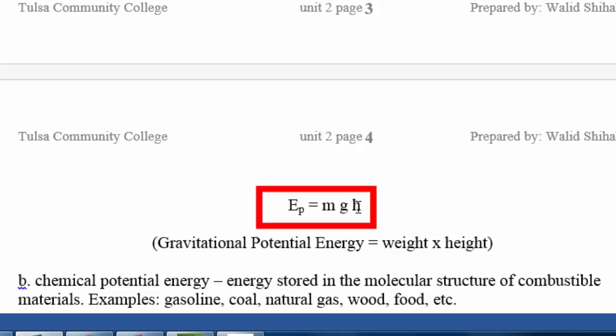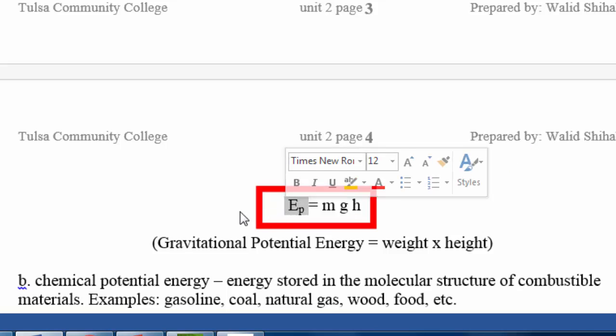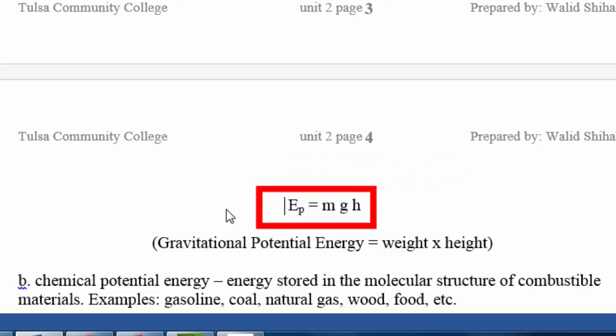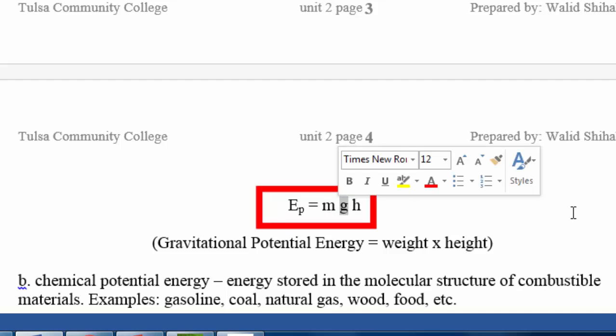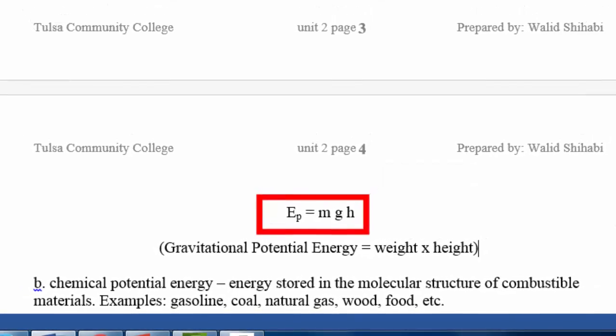So the higher the object is elevated, the more gravitational potential energy it has, and hence it can perform more work. So gravitational potential energy will depend on the weight and the height. It's weight times height. Remember, weight is mass in kilograms times acceleration due to gravity in meters per second squared.